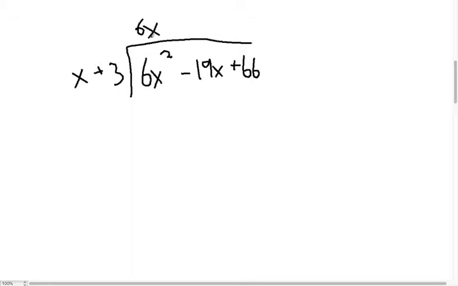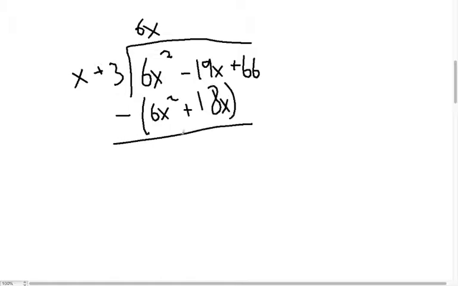So once again, you multiply 6x by x plus 3 and subtract that value, which gives you minus the value of 6x squared plus 18x, which when you solve after distributing the negative gives you 0.